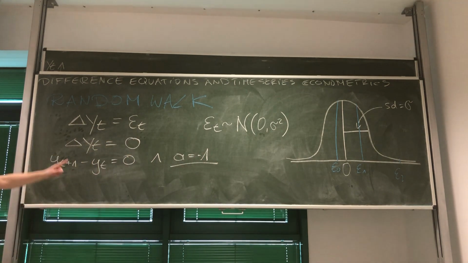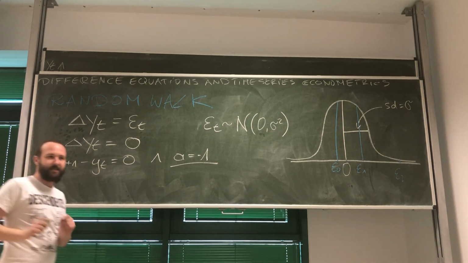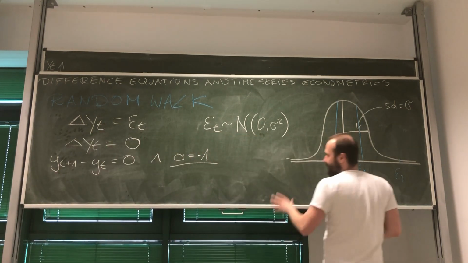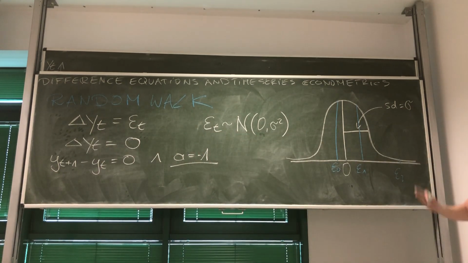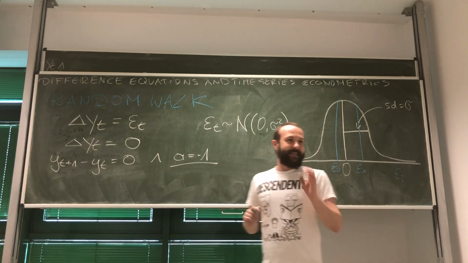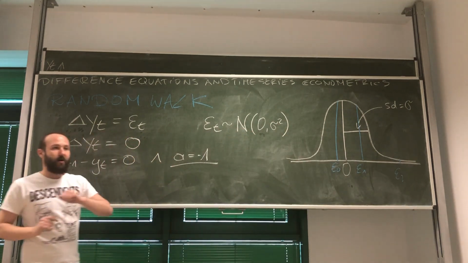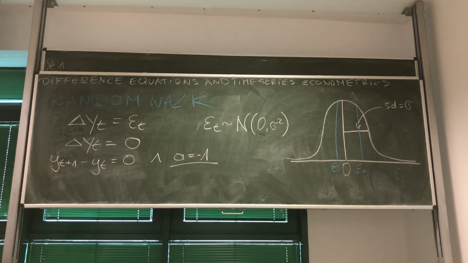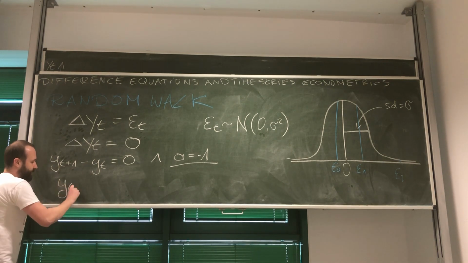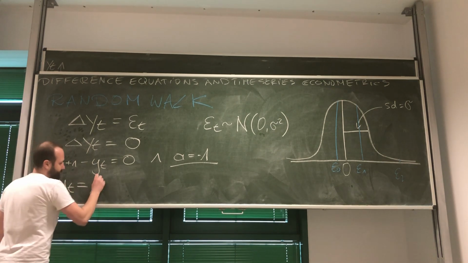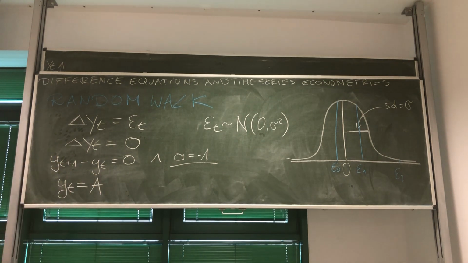Negative 1. Negative 1 is a special case that we've already discussed, right? And we know that in the case with a equals negative 1, the solution, the time path, is given by some a, right?